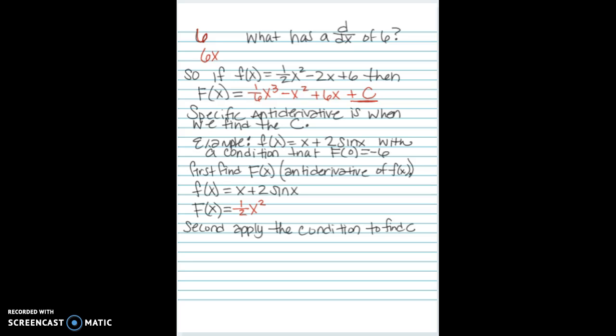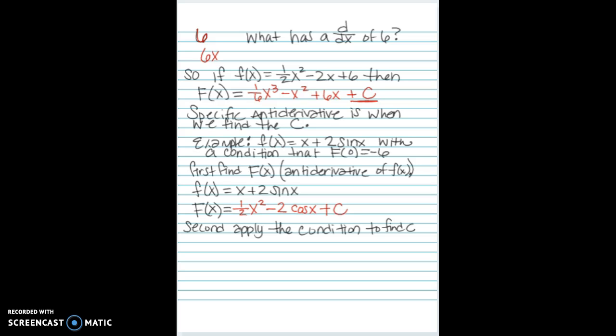Well, what gives us a derivative of positive sine? Negative cosine has a derivative of positive sine. So my antiderivative is negative 2 cosine of x, and then I have plus c because I can have a constant on the end. Now, I do have to apply the condition to find c.